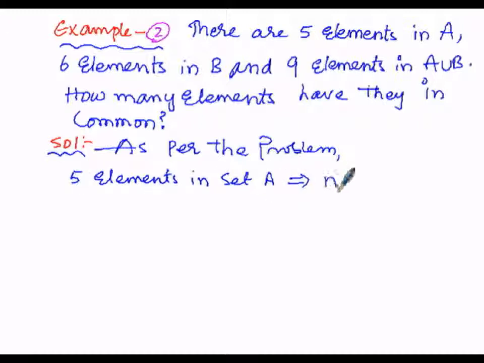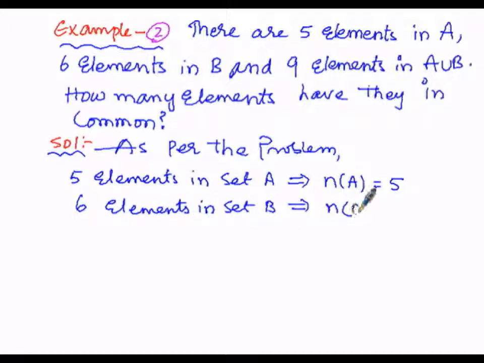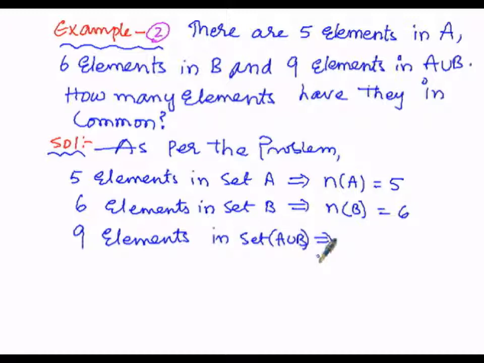It can be written as n(A) = 5. There are 6 elements in set B, so we can write n(B) = 6. There are 9 elements in A union B, so the number of elements present in A union B is 9. We can write it as n(A ∪ B) = 9.